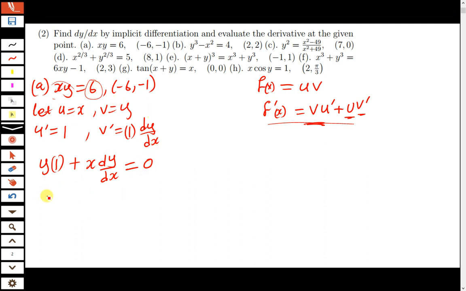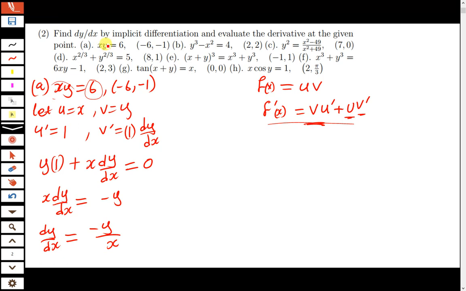We have to make dy/dx the subject. So take this y to the other side of the equal sign, so that this side just remains with x dy/dx, and this one will be equal to negative y. Then when we divide by x on both sides, we have dy/dx is equal to negative y over x.